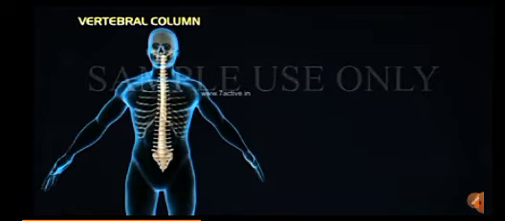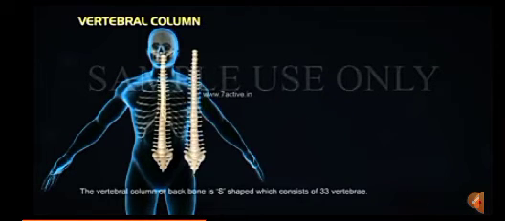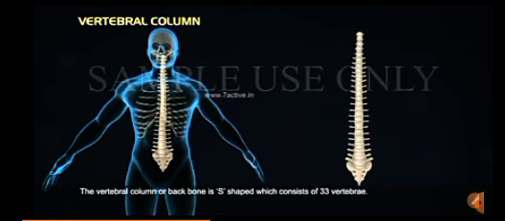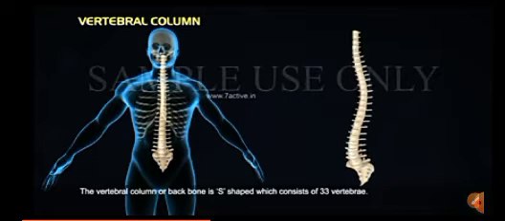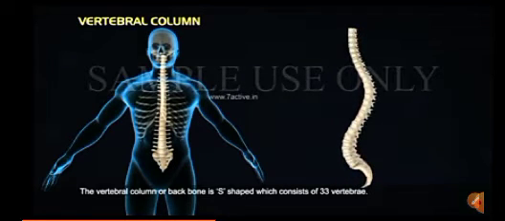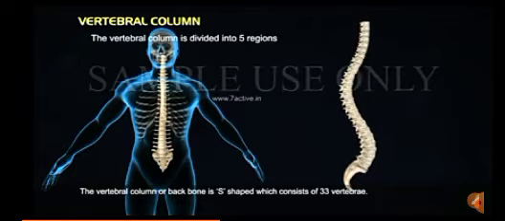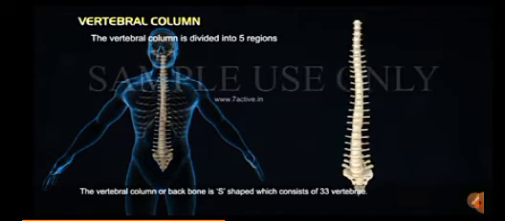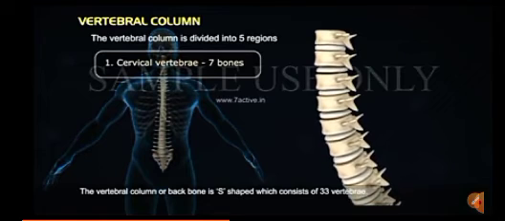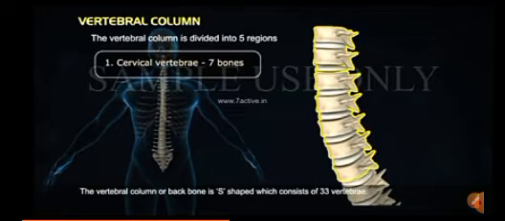Now about the vertebral column. This is the structure of the spinal cord, which is S-shaped and consists of 33 vertebrae. The vertebral column is divided into 5 regions. The first is cervical vertebrae, which consists of 7 bones, as you can see in the picture.